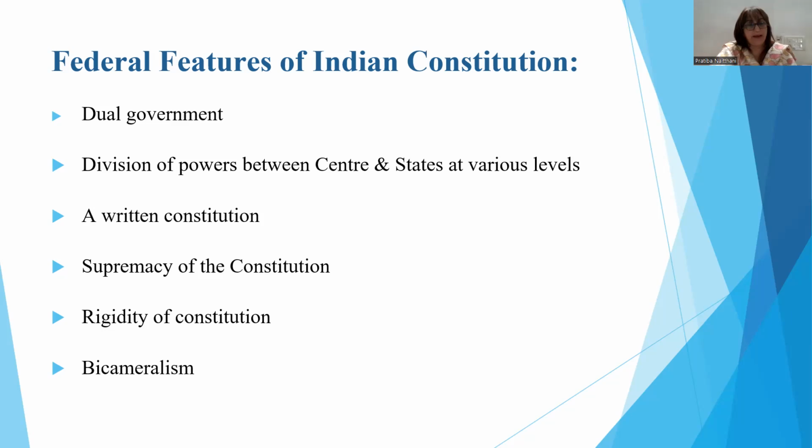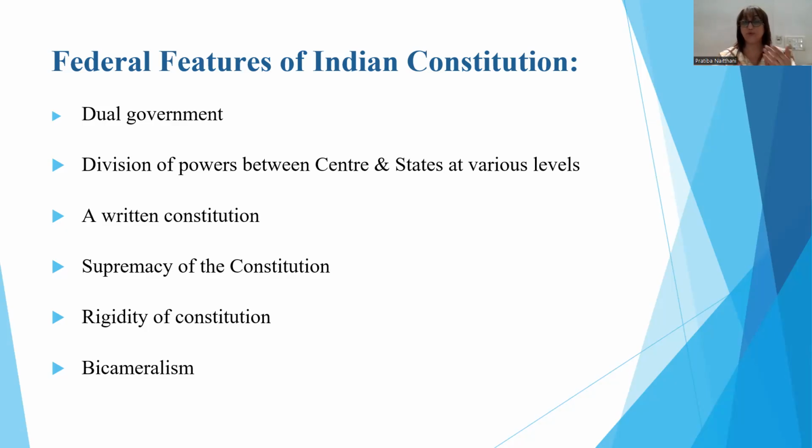Then bicameralism. That's another important feature. Bicameralism means having two houses. Remember the two houses, Lok Sabha and the Rajya Sabha. Lok Sabha is the House of Representatives of the people who are directly elected by you and me. And then you have the Rajya Sabha, the Council of States. Where are the representatives of the Rajya Sabha coming from?